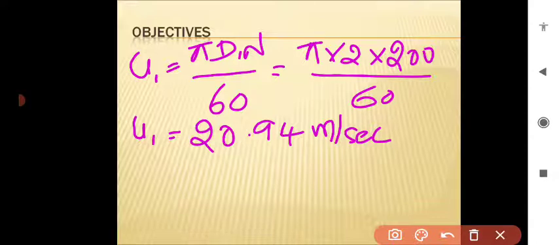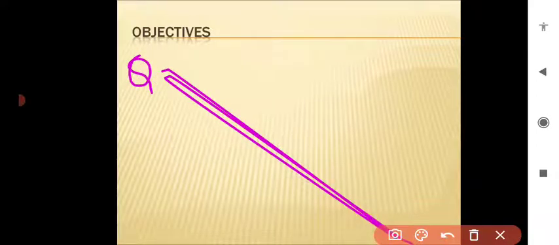Next we have to calculate the flow velocity. Flow velocity is obtained by using the discharge equation. We know the discharge equation: Q is equal to pi into d1 into b1 into Vf1.